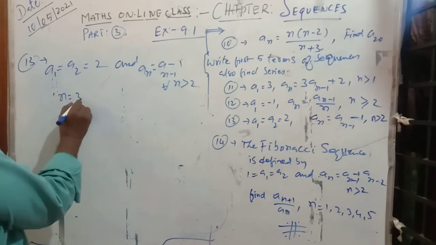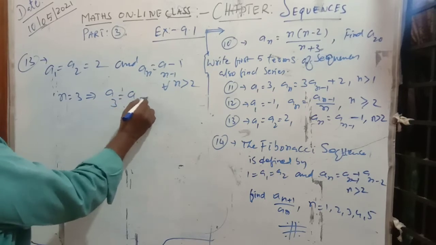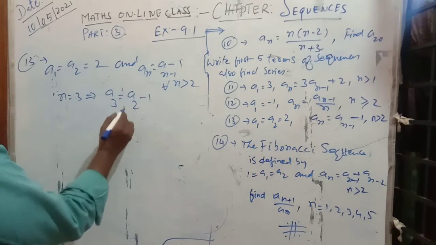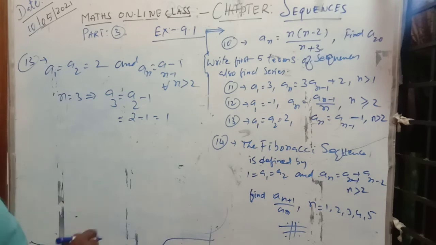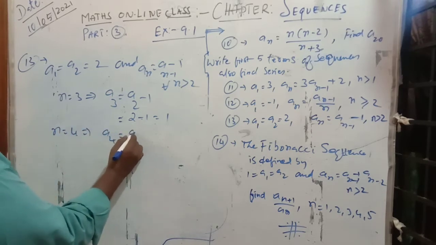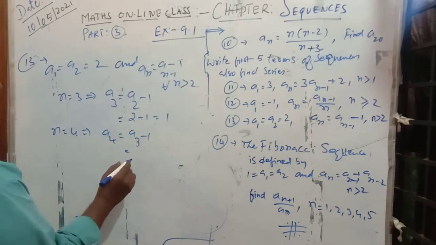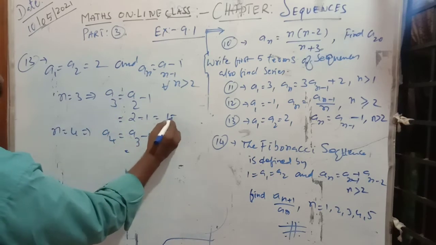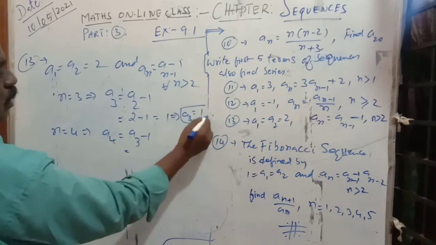So n is equal to 3 implies A3 is equal to A2 minus 1. A2 is 2, 2 minus 1 is equal to 1. Okay now? N is equal to 4. A4 is equal to A3 minus 1. What is A3? A3 is equal to 1.